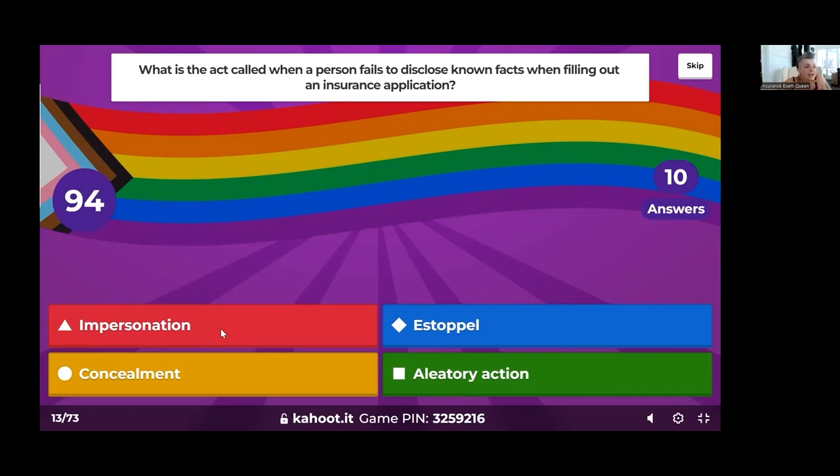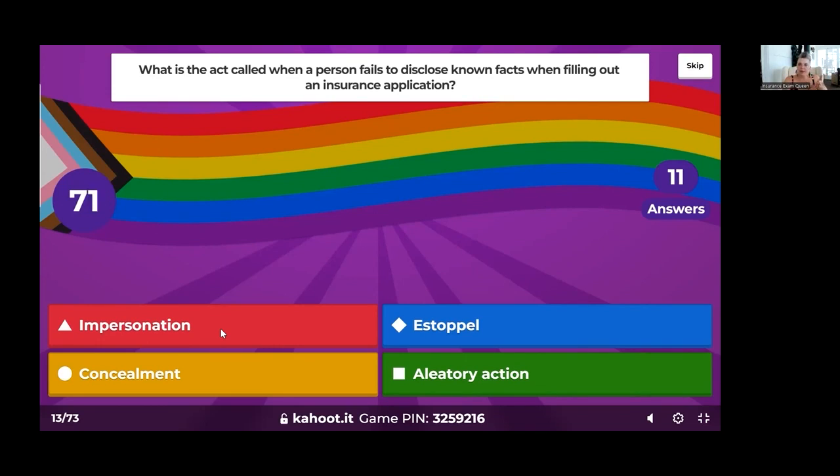Estoppel. Yes, estoppel is an insurance word. So what estoppel is, the best way to explain it: when you're filling out an insurance application, your job is to answer all of the questions.